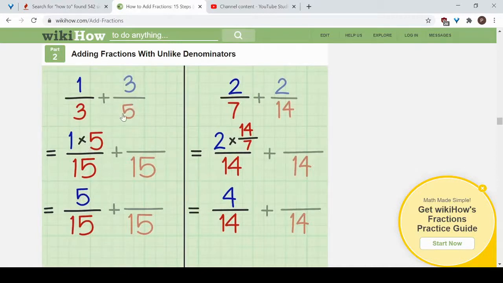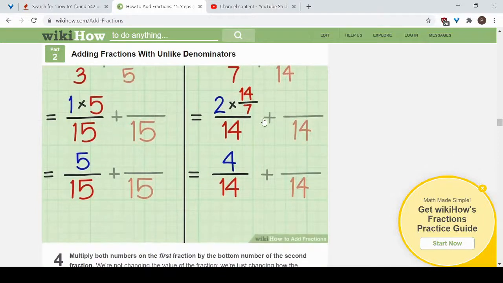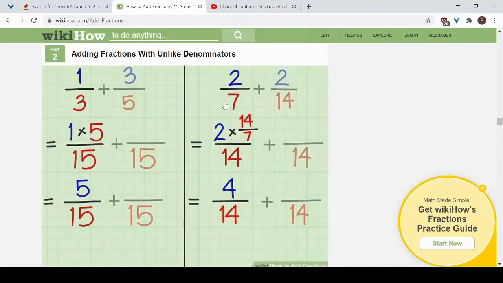Now, in order to make this one 15, we have to do times 3. 5 times 3 is 15. And if we multiply this by 3, then we have to multiply the top times 3. So 3 times 3 would be 9. And then we have to do the same over here. To get 14, we do 7 times 2 to get 14, and then we have to do 2 times 2, which gives us 4 14ths.